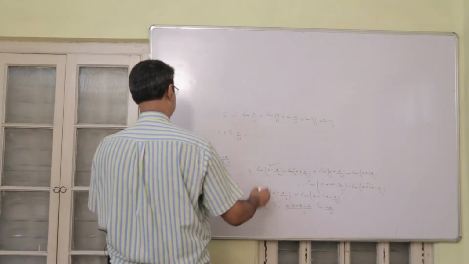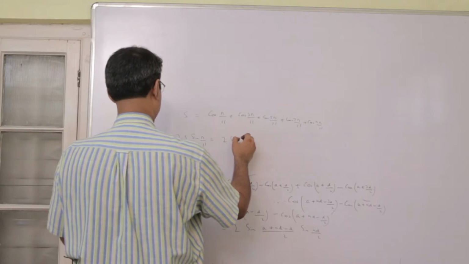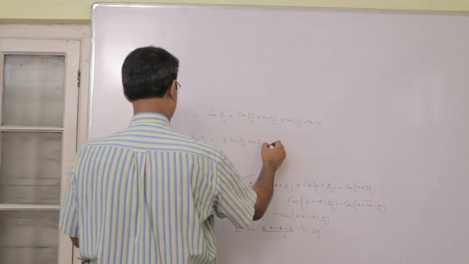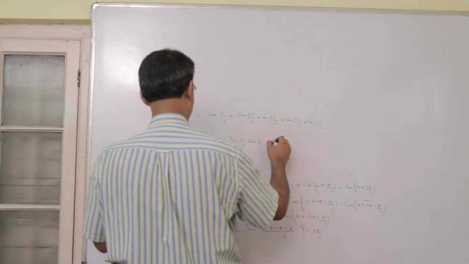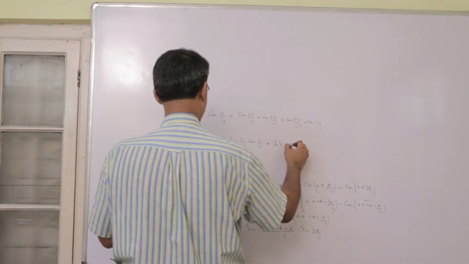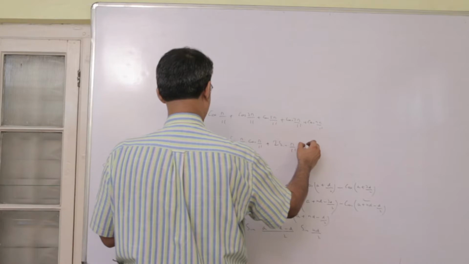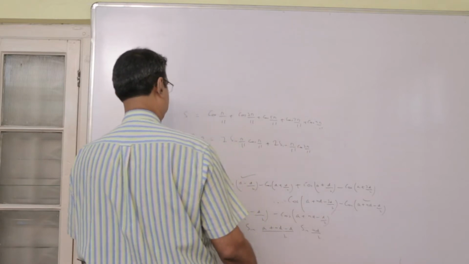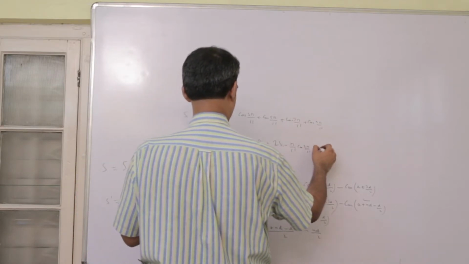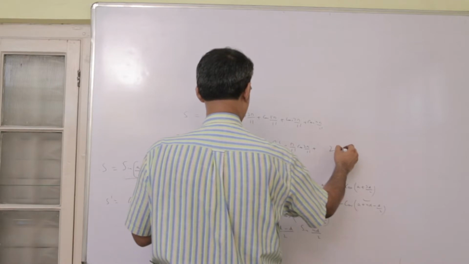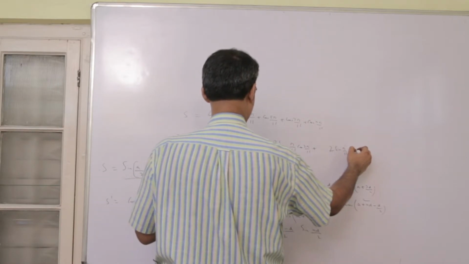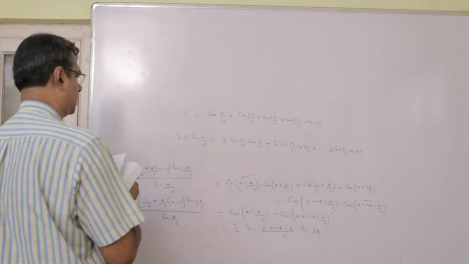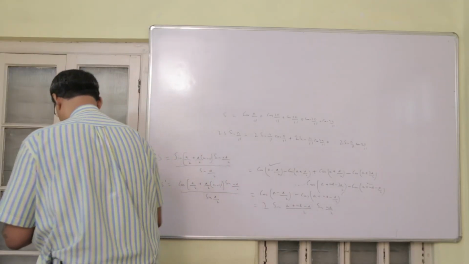So you multiply both sides with 2 sine pi by 11. So 2 sin pi by 11 cos pi by 11 plus 2 sin pi by 11 cos 3 pi by 11, and in the end we are getting 2 sin pi by 11 cos 9 pi by 11.